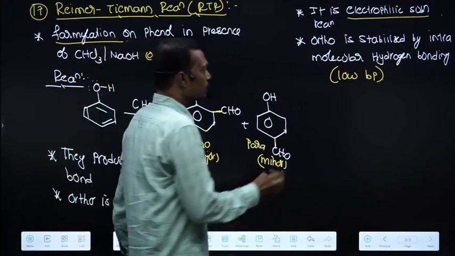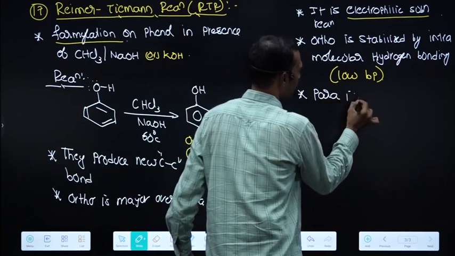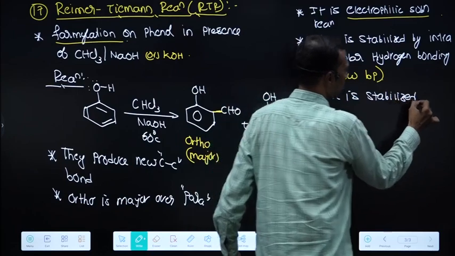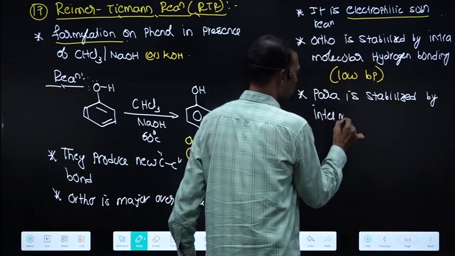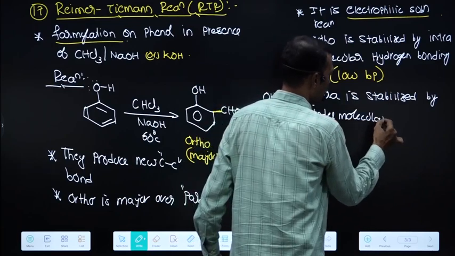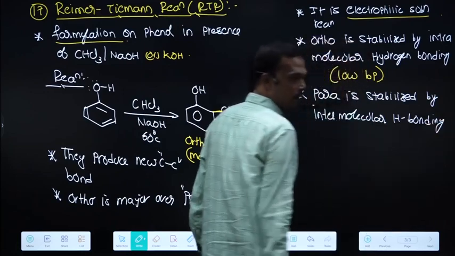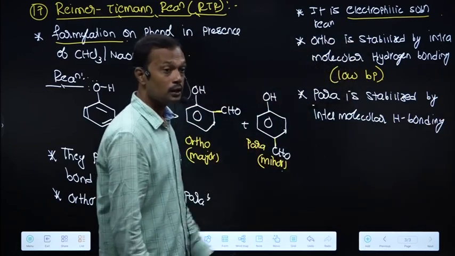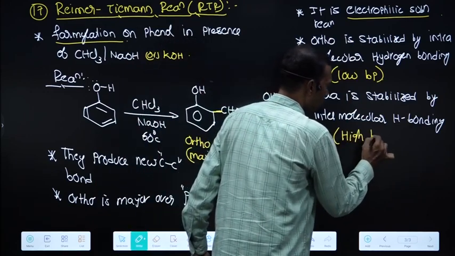And if you think of para isomer, para is stabilized by intermolecular hydrogen bonding. If you compare intramolecular and intermolecular hydrogen bonding, intermolecular hydrogen bonding will exhibit high boiling point.